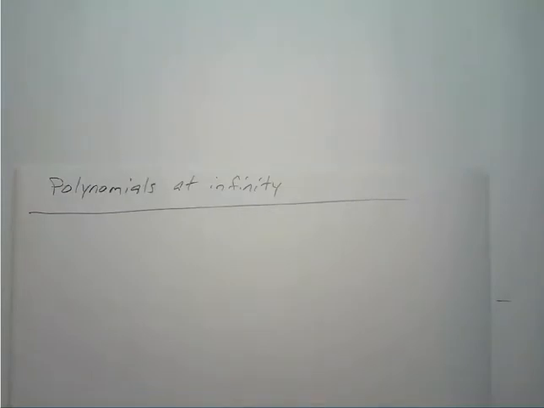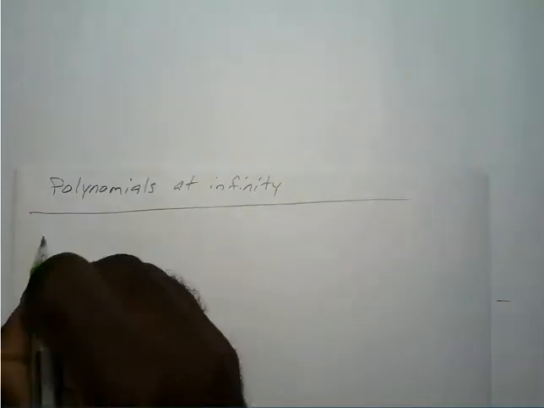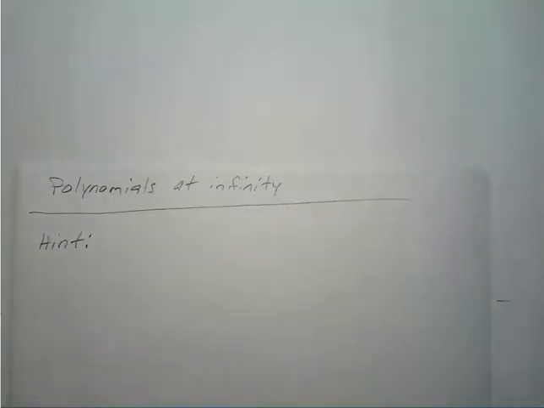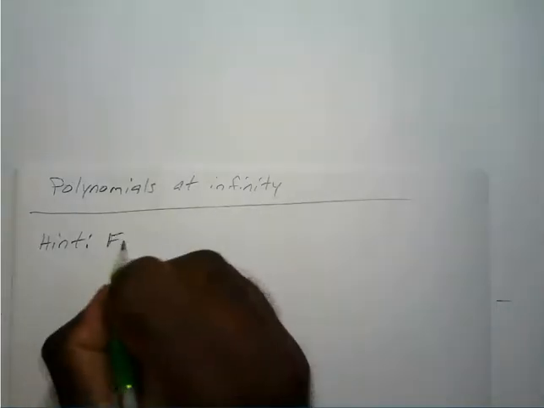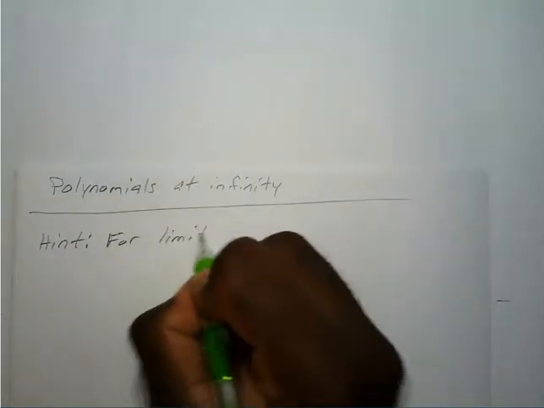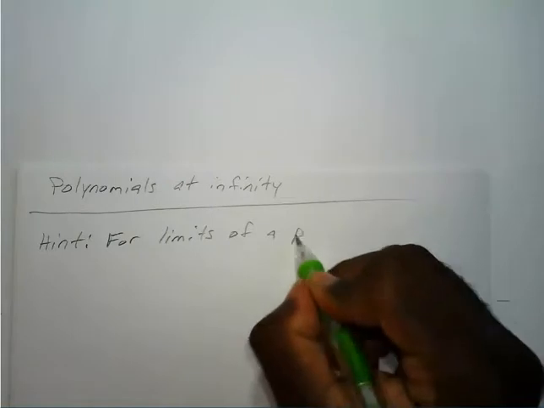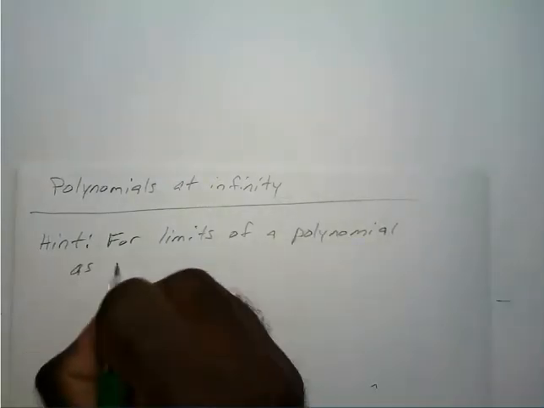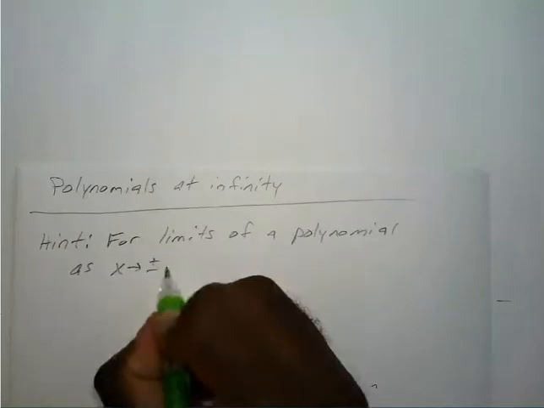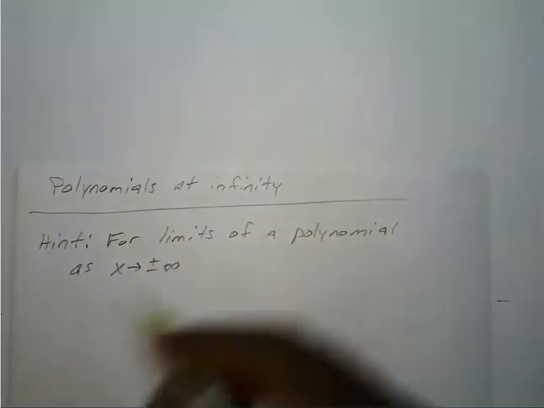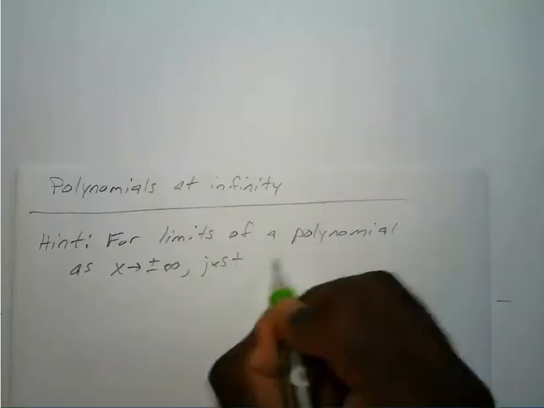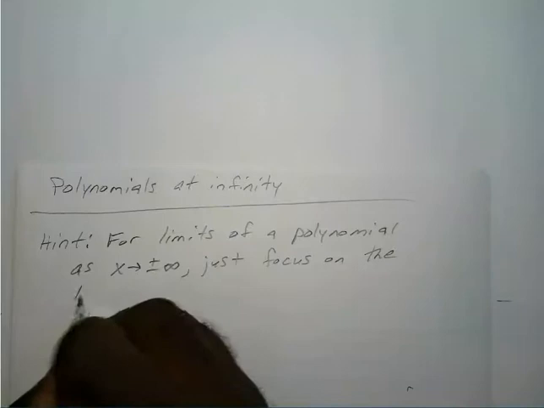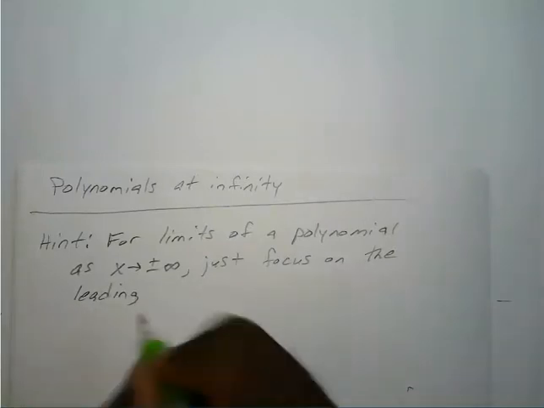Okay, now with this one, this is a very important hint. For limits of a polynomial as x approaches either positive or negative infinity, just focus on the leading term.